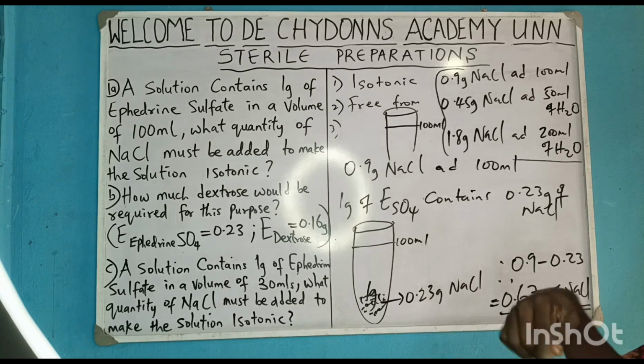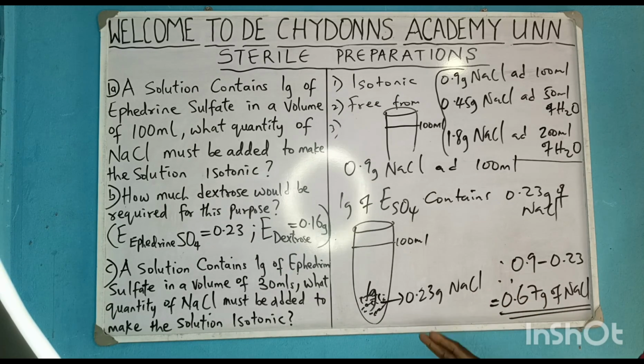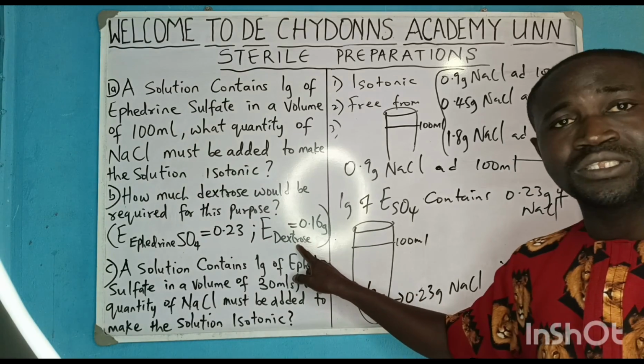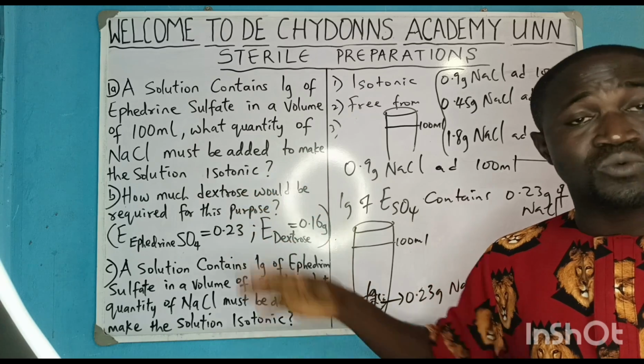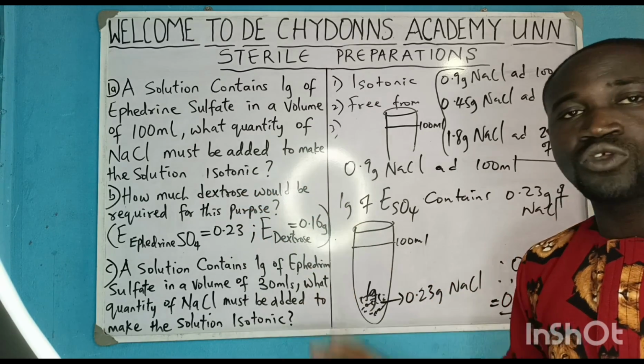That means if in your lab or in your pharmacy you do not have sodium chloride, or they tell you that sodium chloride powder has finished, it's out of stock, all you could do, you go and lay hand on dextrose or on boric acid or on potassium nitrate, whichever one you have, and use it to do your calculation.